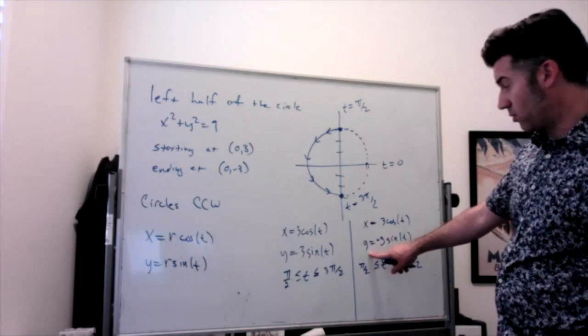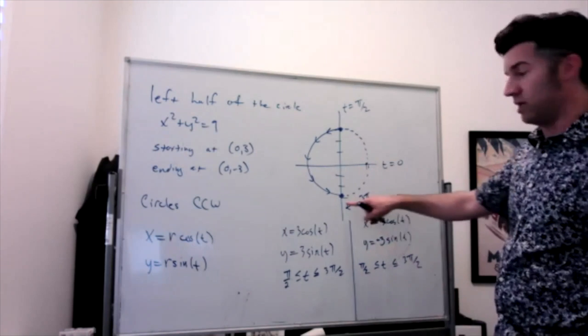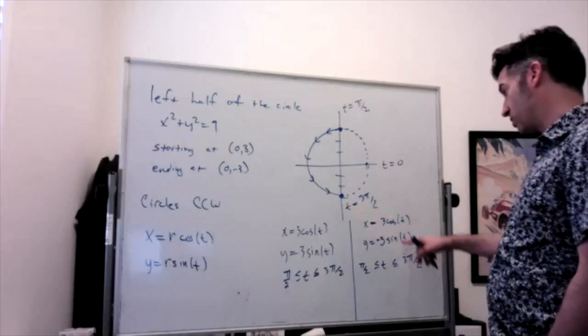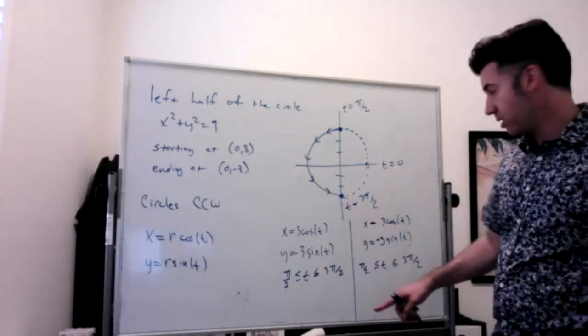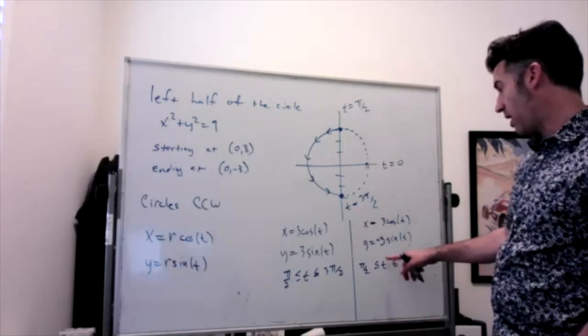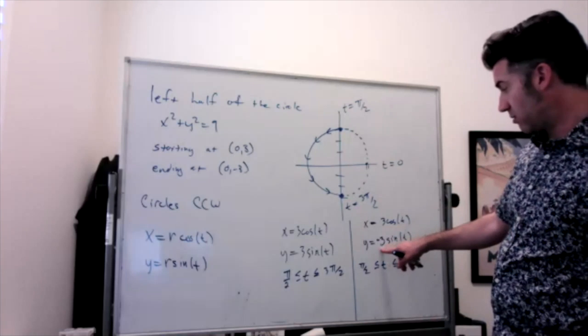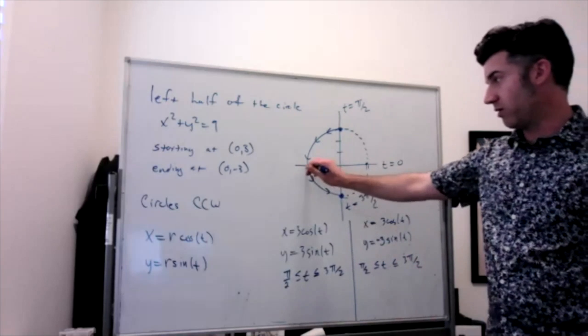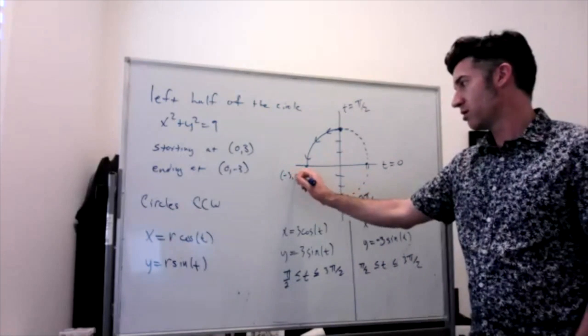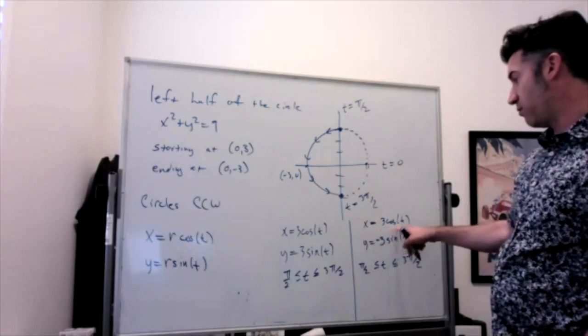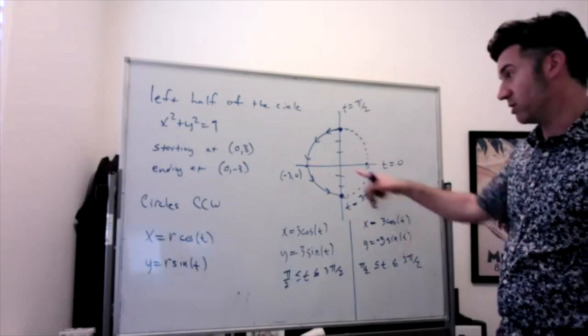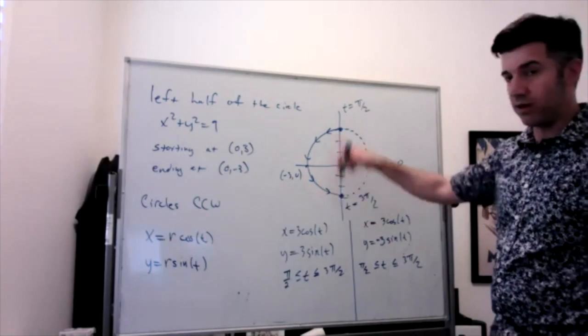So the y coordinate will start at negative 3 times 1, which is negative 3. And the x coordinate will start at 0, which is right there. And then when you get to pi, negative 3 times sine of pi is 0. So you've got this coordinate here. And 3 times cosine of pi is 3 times negative 1, which is right there. So we're good going that way.